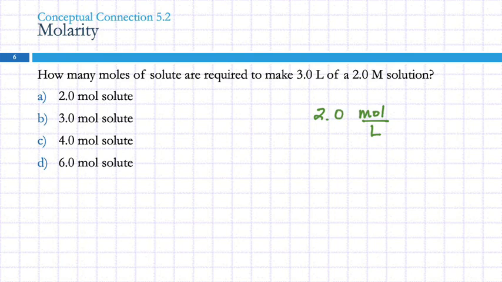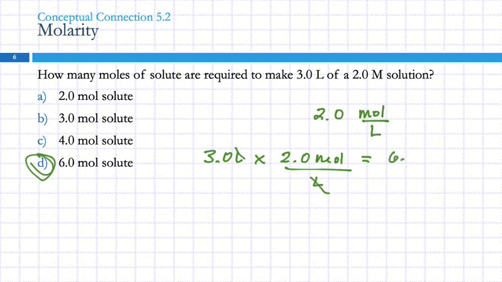So if we want 3 liters of the solution, how many moles do we need? 6. That's correct. This molarity, as you might have guessed with the per units, is frequently used as a conversion factor, and we can write it out like that here. Again, the units cancel out. We're going to cancel out the liters, and we end up with 6 moles.